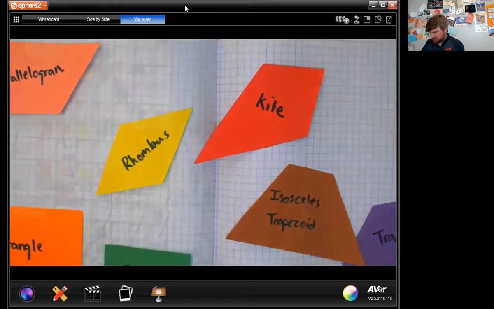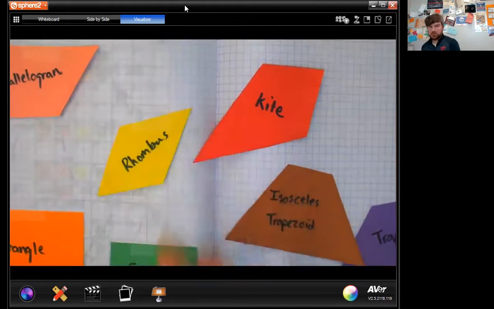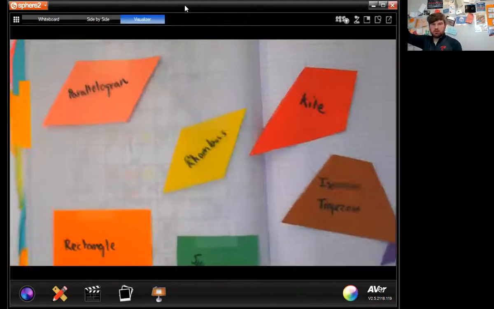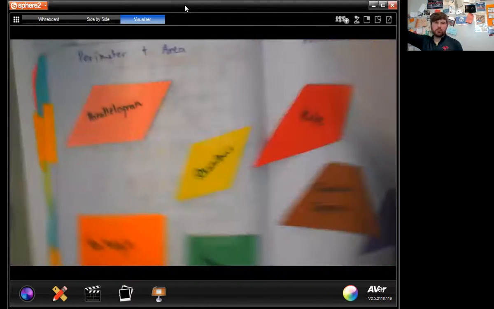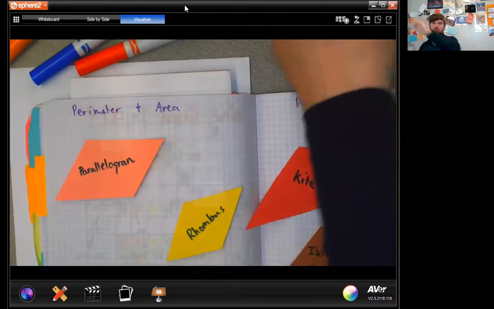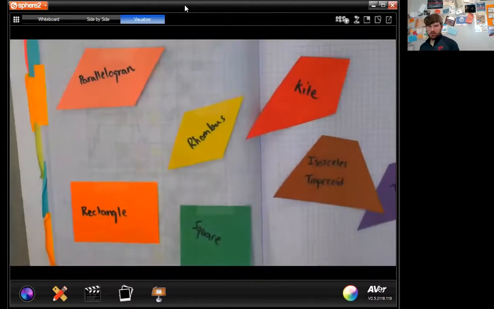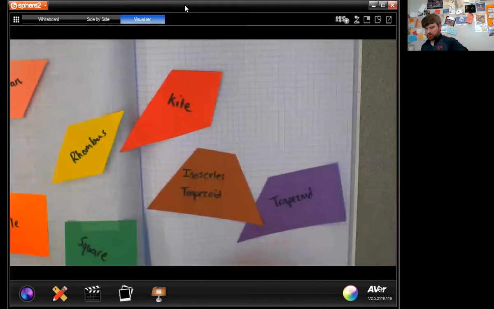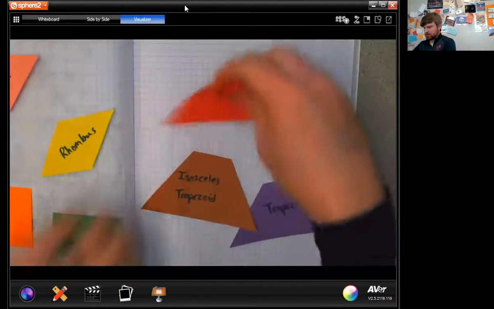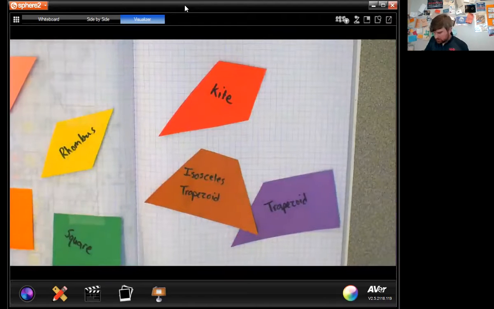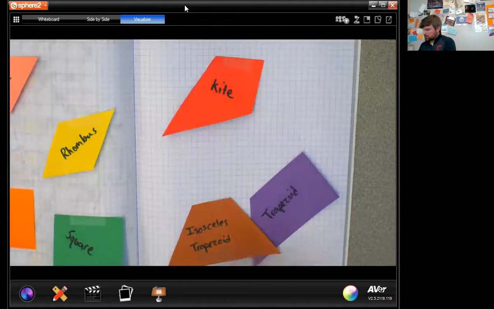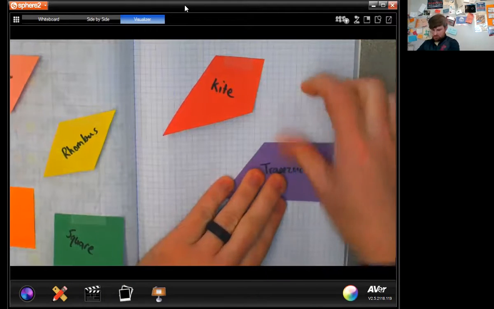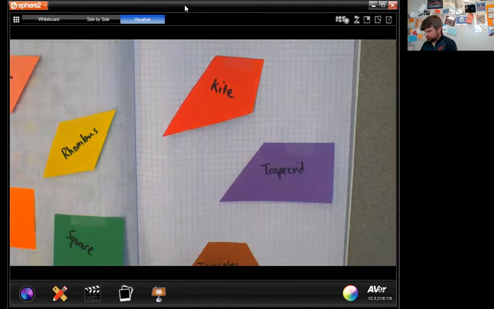All four of these go with each other. Then over here, we'll put the shapes that are by themselves: a kite, a trapezoid, and then the isosceles trapezoid.